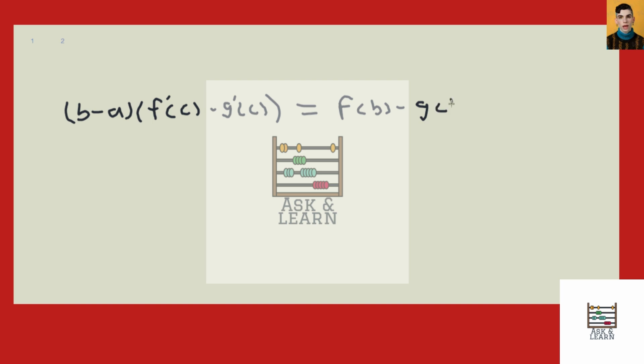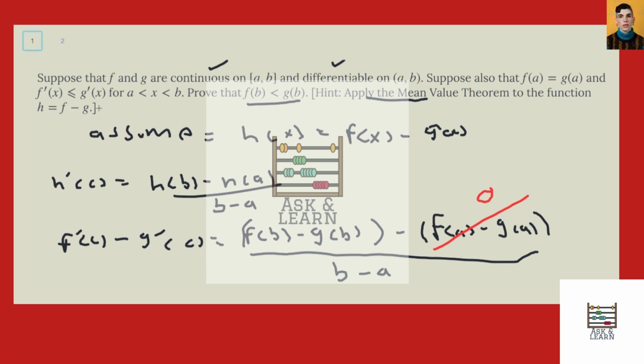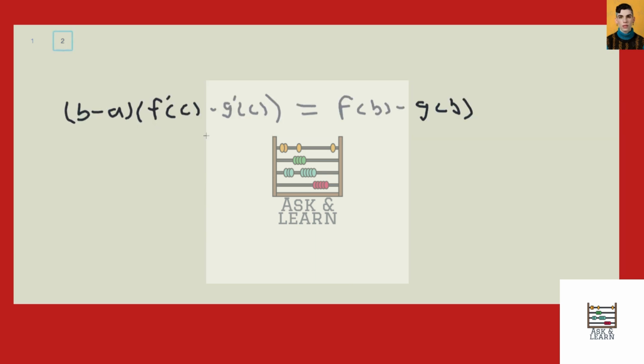Sorry about that. And now also going back to the first page, we are also told that f prime of x is less than or equal to g prime of x. And since g prime is greater, this left-hand side is negative. And we can also assume the same thing for the right-hand side. This is also negative. So when something is negative, we know that it is less than 0.